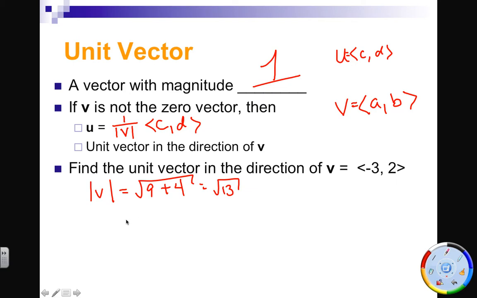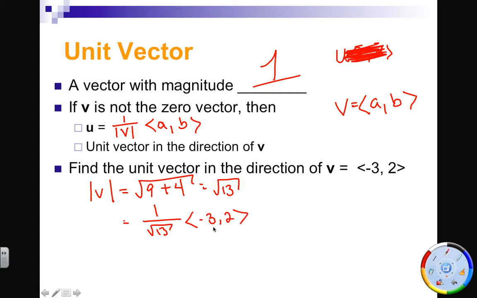Well, that means the unit vector is 1 over radical 13 times, oops, I'm sorry, up here this was supposed to be times AB. That was my fault. Sorry, guys. It's 1 over the magnitude of v times the vector v. Duh. So I didn't really need this. Okay, so 1 over the magnitude of v times the vector v in the first place.